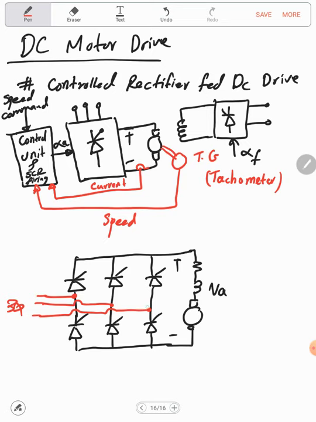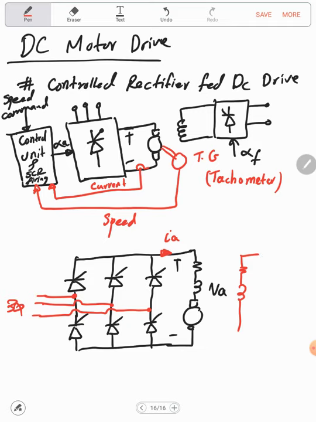Now this is a thyristor. It's a unidirectional switch. It will conduct if the anode is more positive than the cathode, and if there's enough gating or holding current to open the gate. And this will be the direction of the current all the time. This will be IA. Now for the field, this is the field.